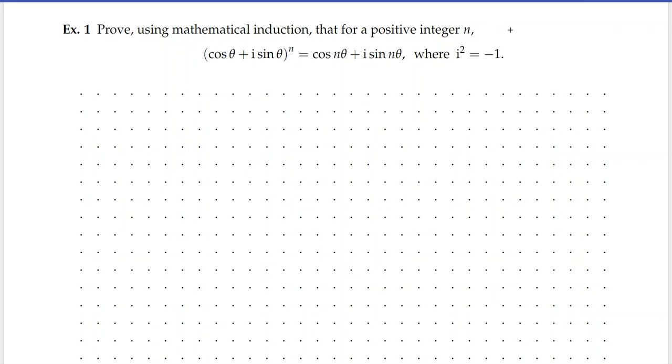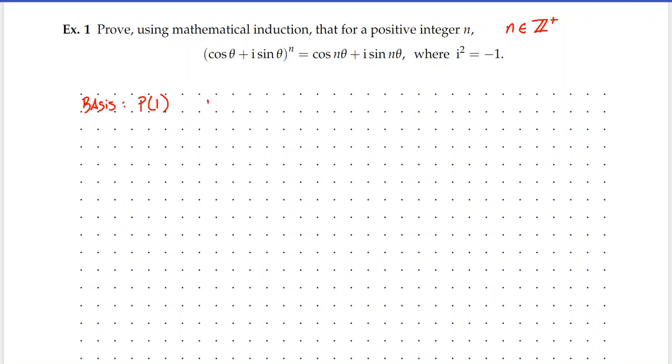Now, how else could we write the information about having a positive integer? We could write the notation like this to indicate a positive integer. So our basis step, our initial case, is to consider our first positive integer, which is 1.